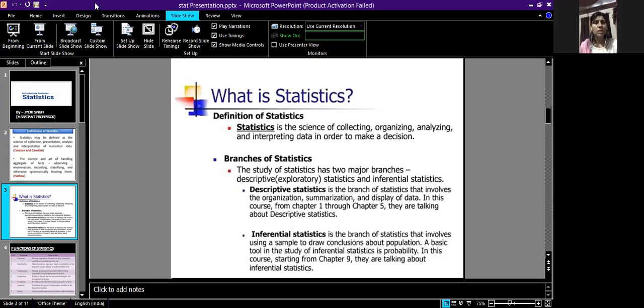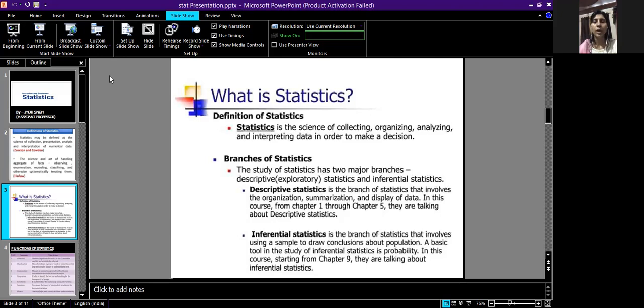Statistics can be classified, although we will study it in further slides. I'm just giving you a view regarding the branches of statistics, how it is categorized. The branches of statistics are descriptive statistics and inferential statistics.